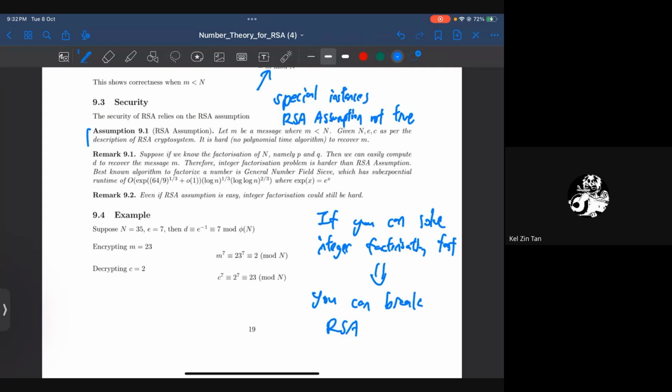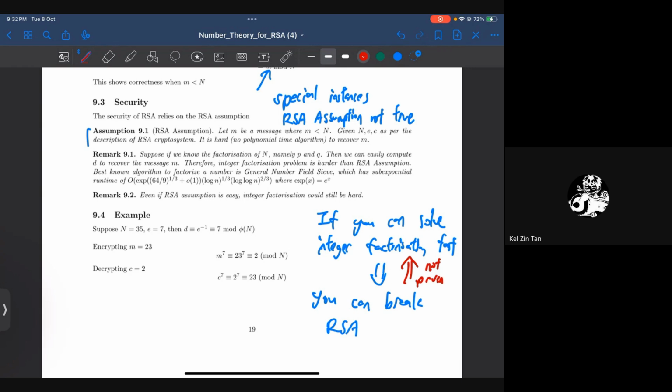But if you can break RSA, it doesn't mean that you can solve integer factorization fast. So this red arrow, which says that if you can break RSA, then you can solve integer factorization fast, is not proven.